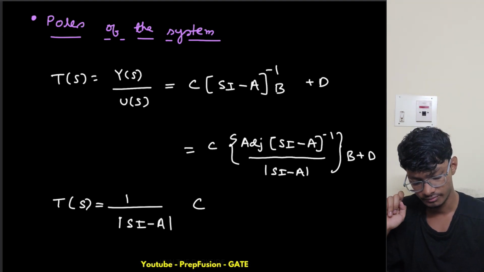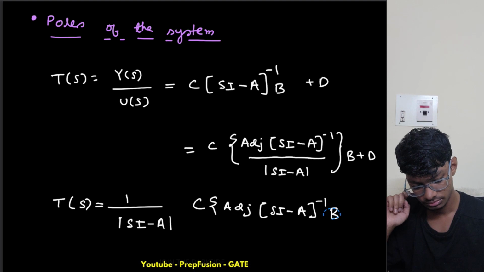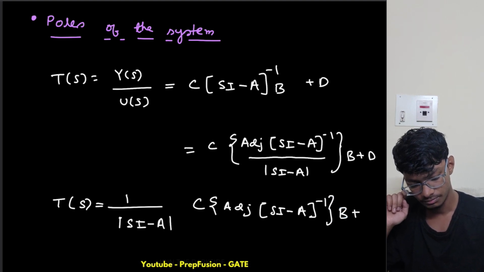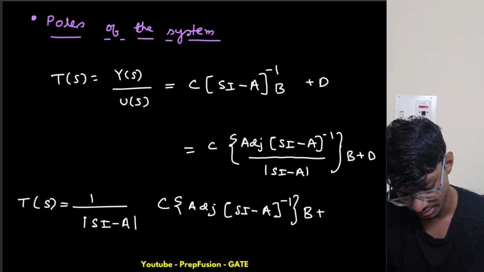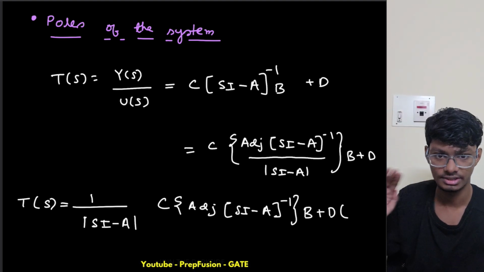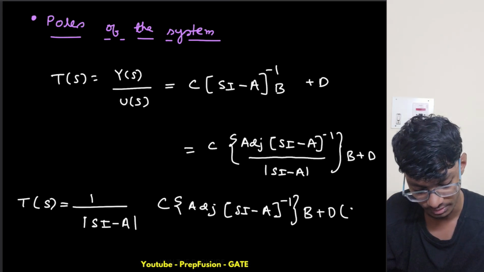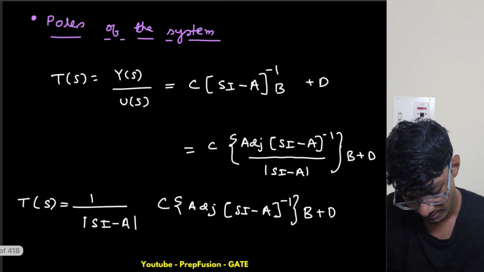What I am left with is C times adjoint of (sI minus A) times B, plus D. If I take the determinant of sI minus A common, I have to multiply sI minus A here also.